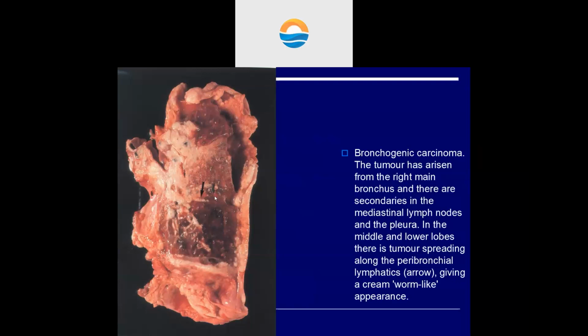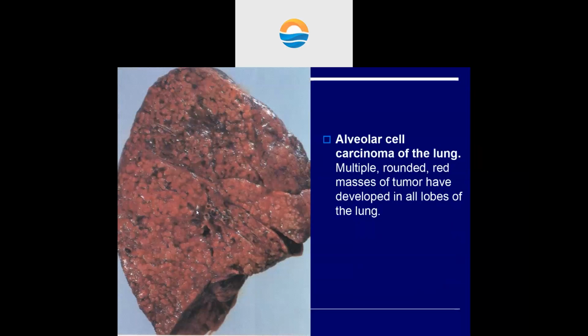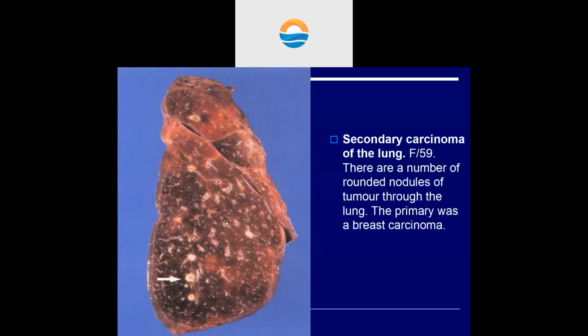Bronchogenic carcinoma in lung, you see the invasive growth of the tumor. Alveolar cell carcinoma of the lung, you see multiple rounded red masses of tumor which have developed in all lobes of the lung.